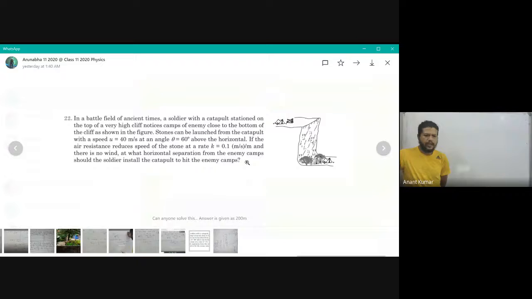Stones can be launched from the catapult with a speed which has been given, and the angle is fixed actually. So if the air resistance reduces the speed of the stone at a rate of k, which is 0.1 meter per second per meter, that is quite interesting, and there is no wind, at what horizontal separation from the enemy camps should the soldier install the catapult to hit the enemy camps?